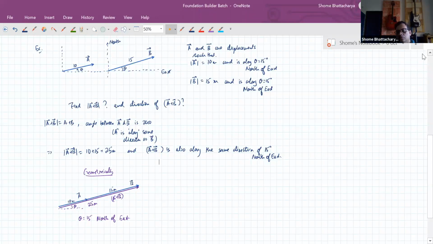Hope this example is clear by both the geometrical drawing as well as the application of formulae.